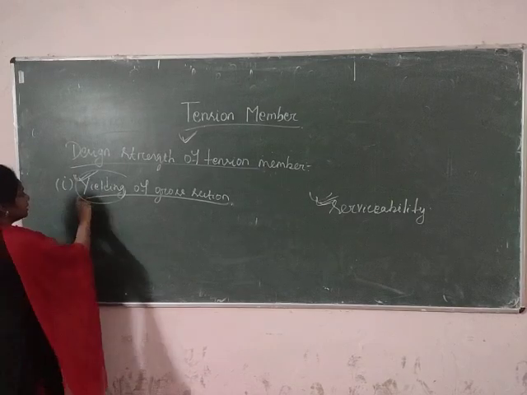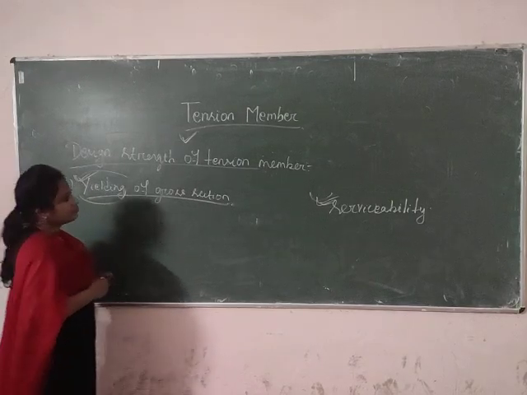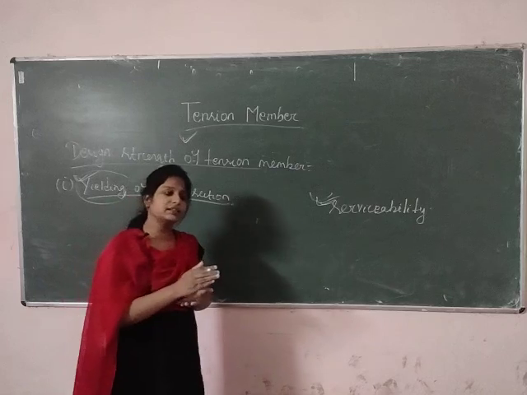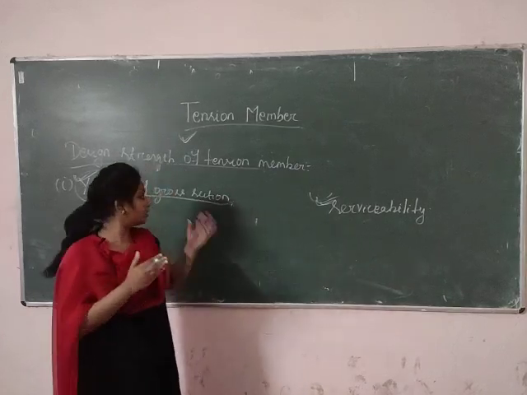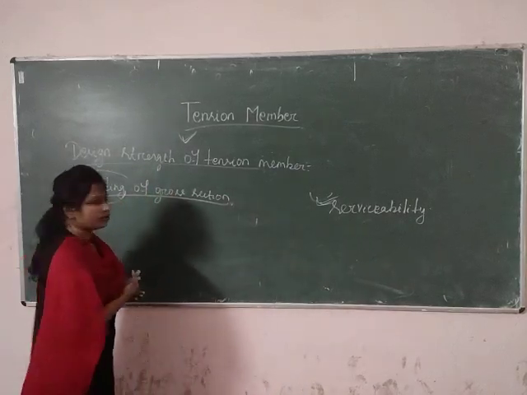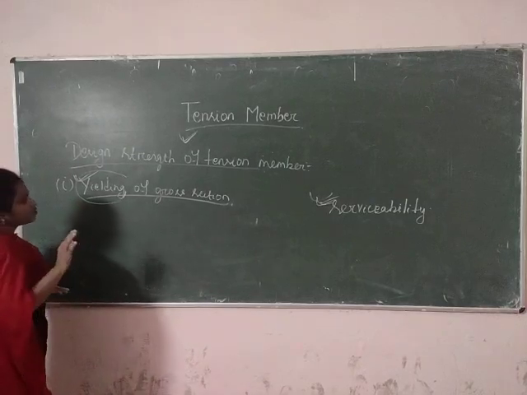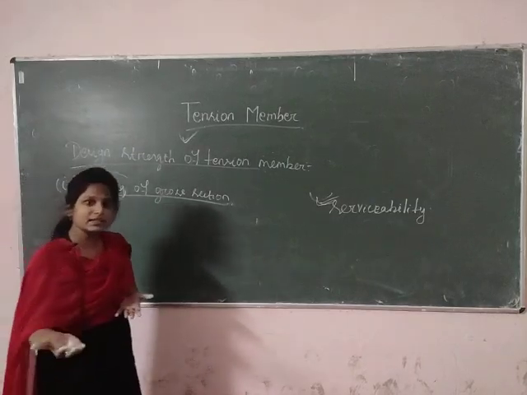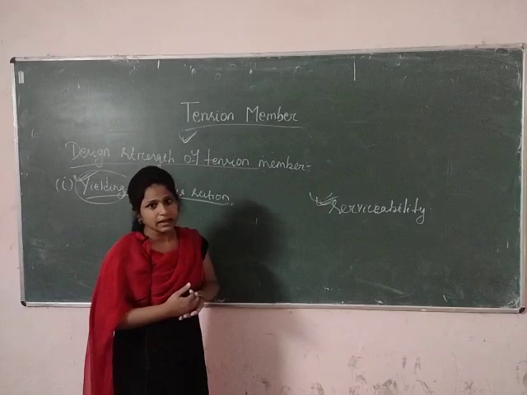So, in the case of yielding of gross section, we have to find the strength at which the gross section yields. We have already seen and discussed this in the case of the bolted connection.